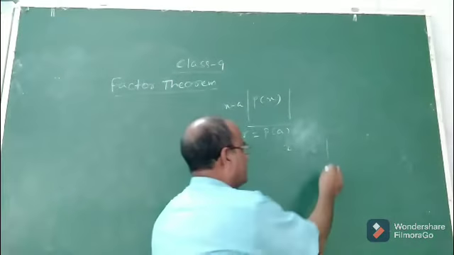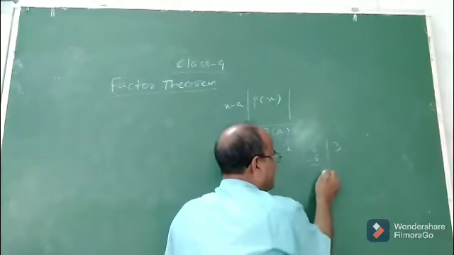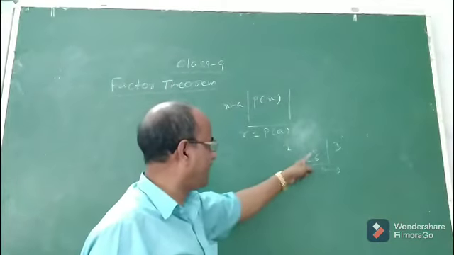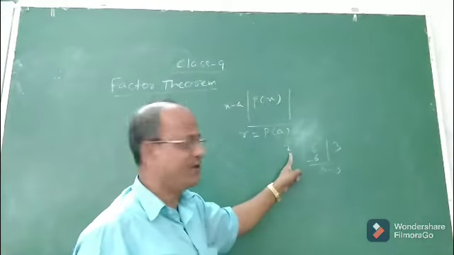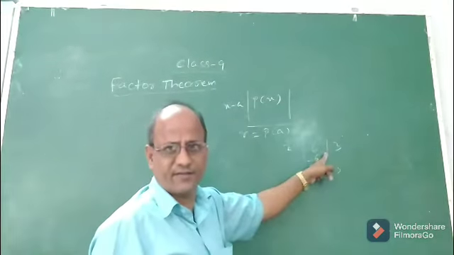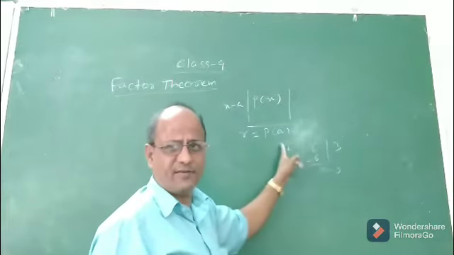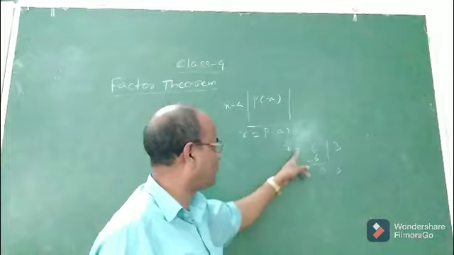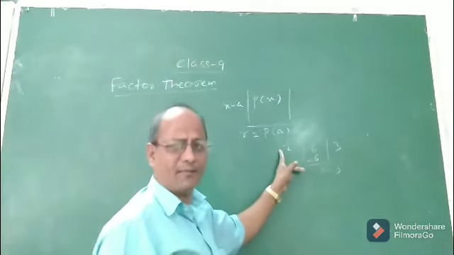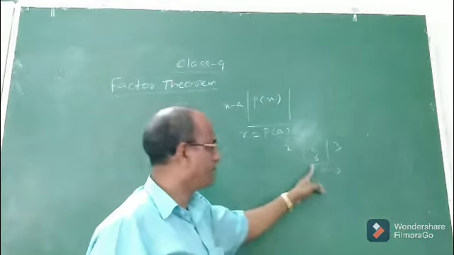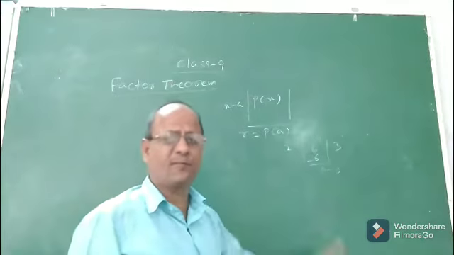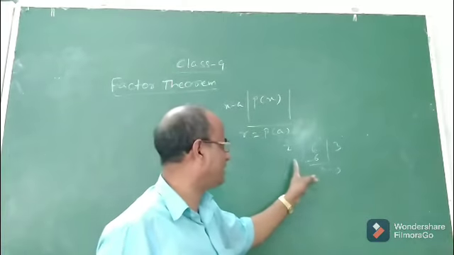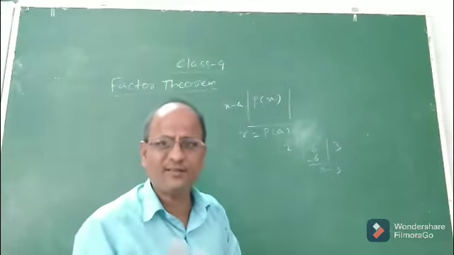If we get a 0 remainder on dividing 6 by 2, then we say that 2 is a factor of 6, or 6 is a multiple of 2. But suppose the remainder is not 0. If the remainder is not 0, will we say that 2 is a factor of 6? The answer is clearly no.